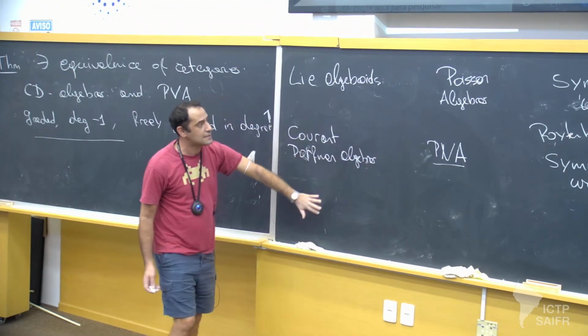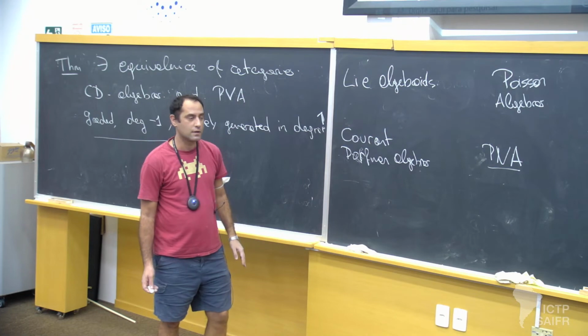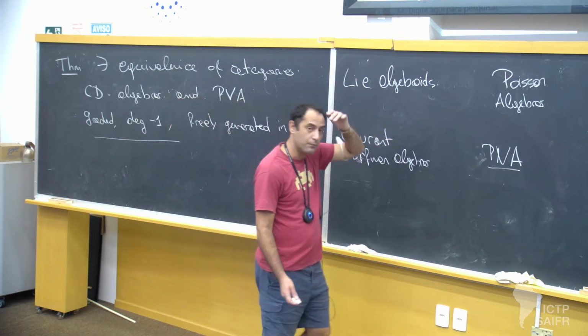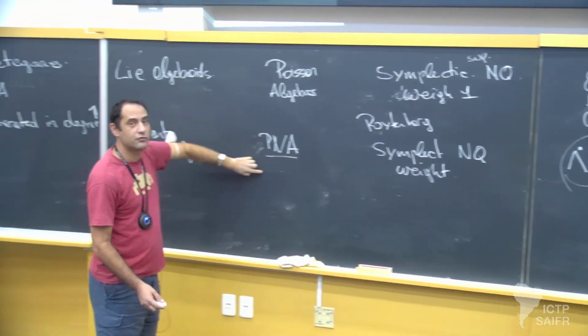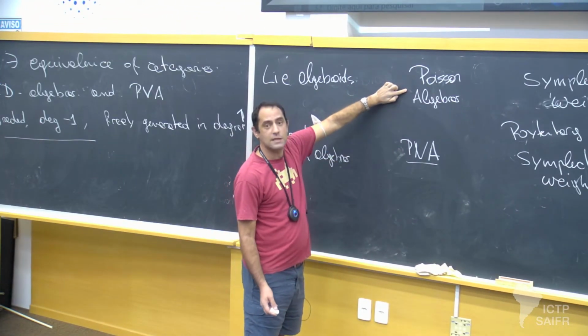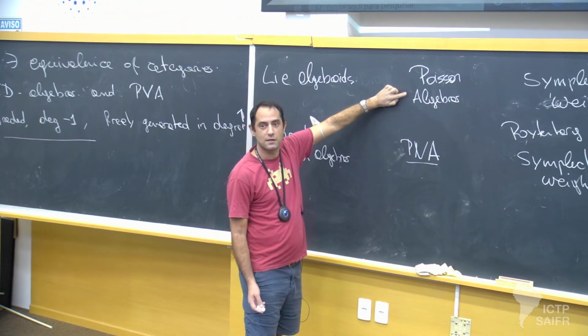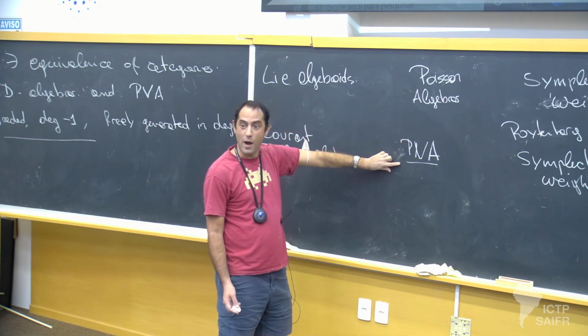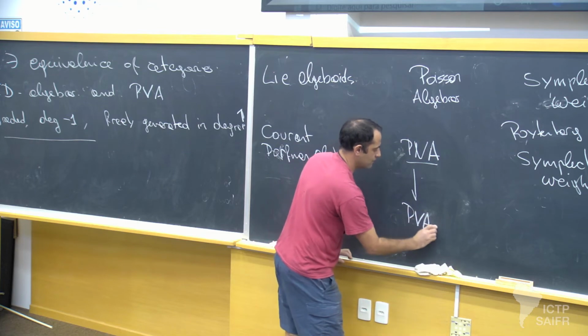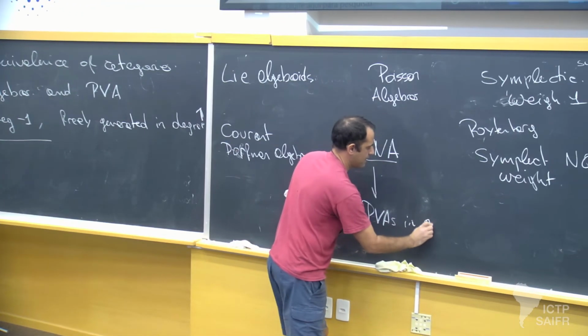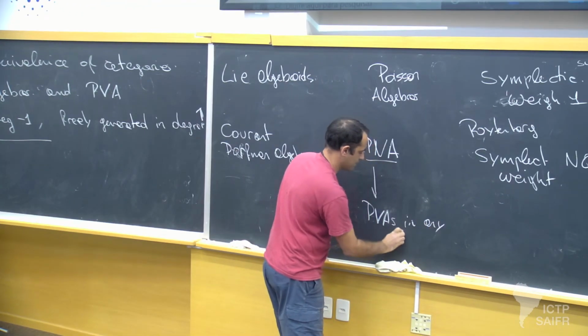So what I would like is to extend this table. In which directions can we extend it? One natural direction: this is Poisson vertex algebras with 0 lambdas, this is Poisson vertex algebras with 1 lambda. There exist Poisson vertex algebras in any dimension.